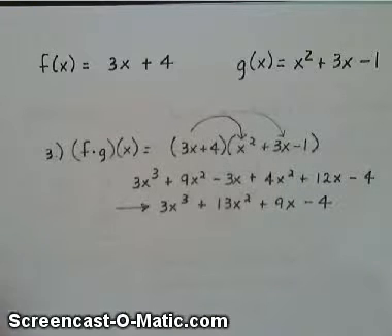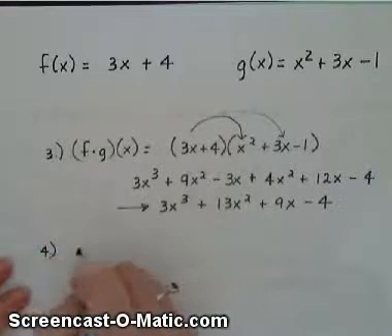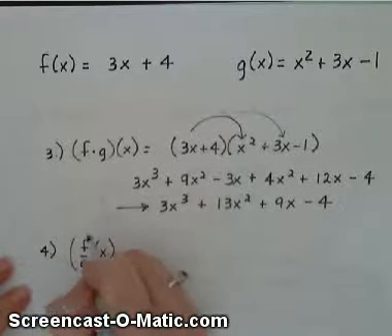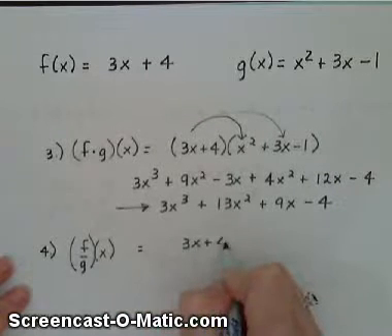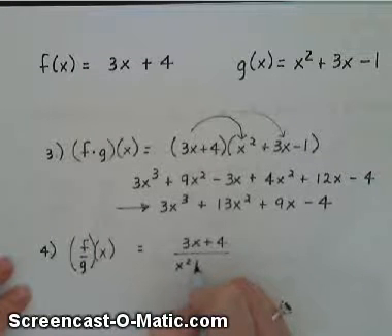And finally, let's look at the last of our operational functions here. Let's look at f divided by g of x. And again, this is not commutative, so if f's on top, make sure the f function is on top. 3x plus 4 divided by x squared plus 3x minus 1.